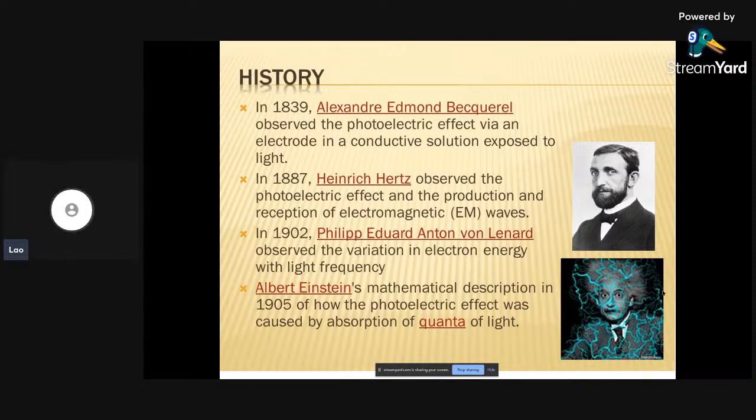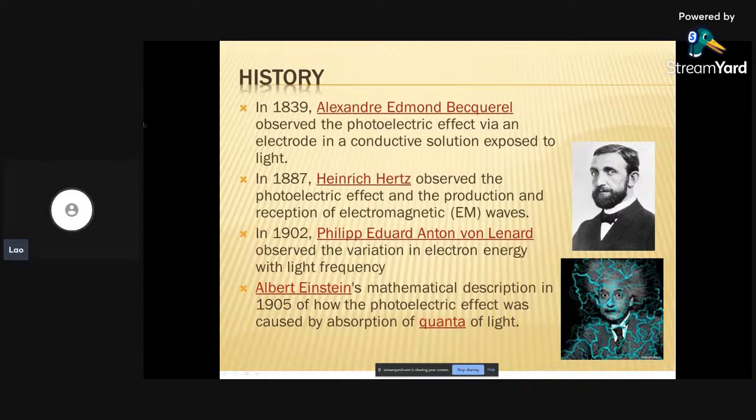So si Alexander, siya yung nag-discover ng photovoltaic effect while studying the effect of light on electrolytic cells. So yung pinag-aralan niya about photovoltaic, ito yung mga electrons. He discovered the conversion of light into electricity using semiconductive materials.